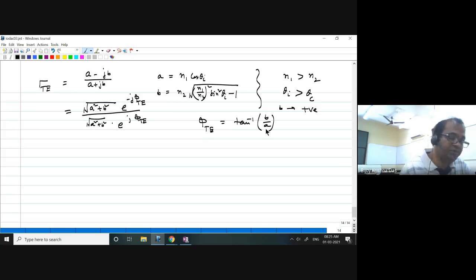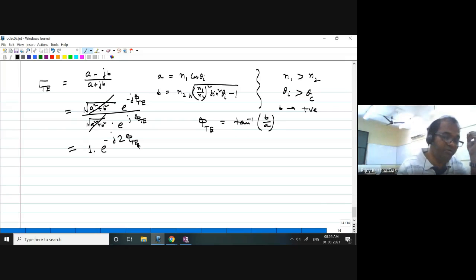So it is a complex form. Now I am just writing in phasor form. This magnitude is the same in numerator and denominator, so we get 1 times e to the power minus 2 phi TE.